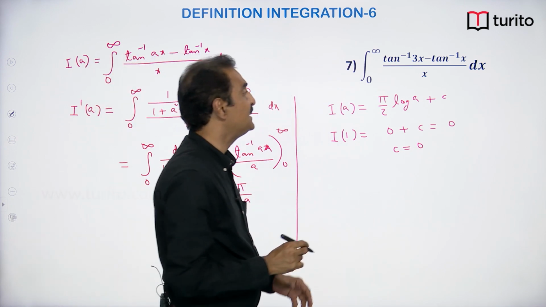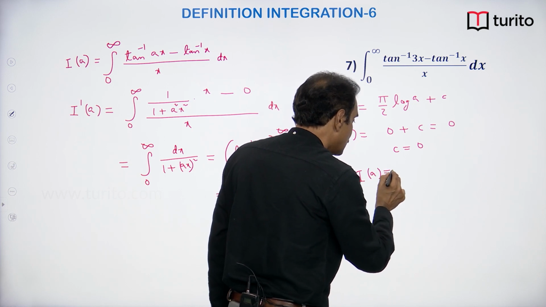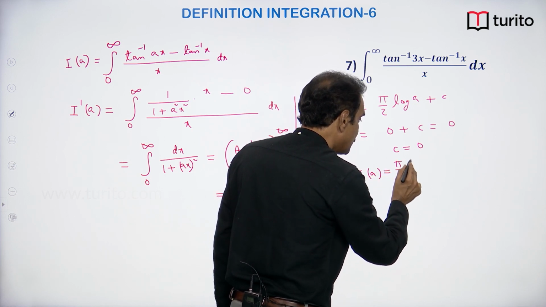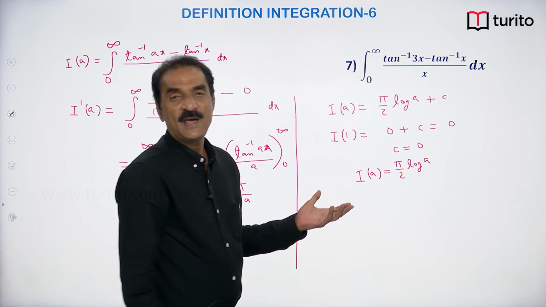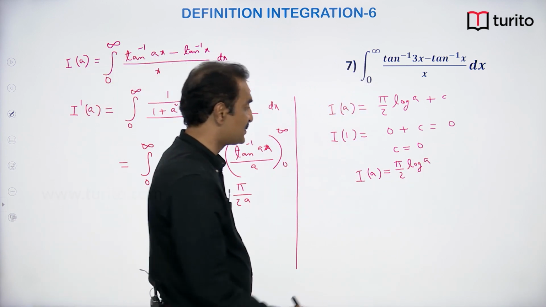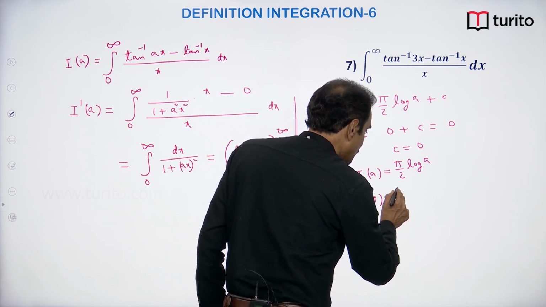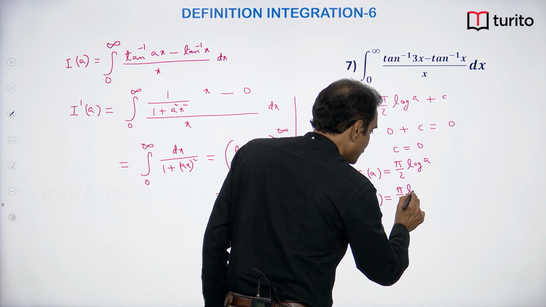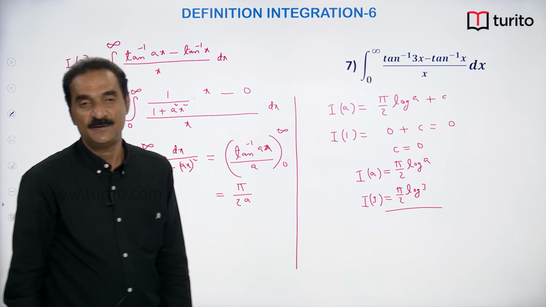Therefore, I of a is pi by 2 log a. Then put a is equal to 3 and get the answer for this question. I of 3 is equal to pi by 2 into log 3.